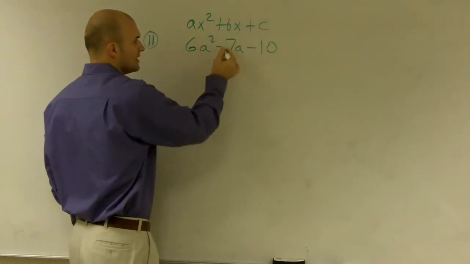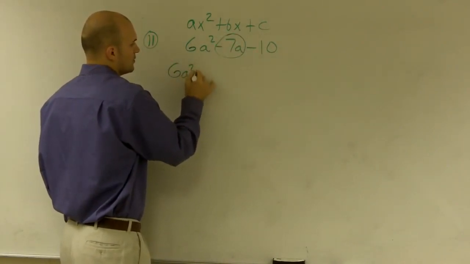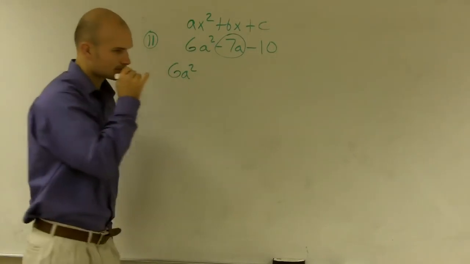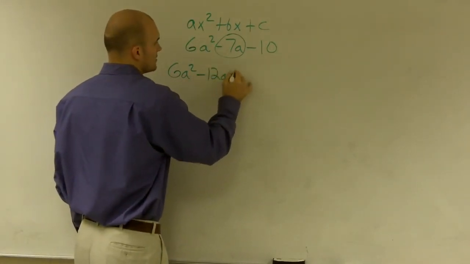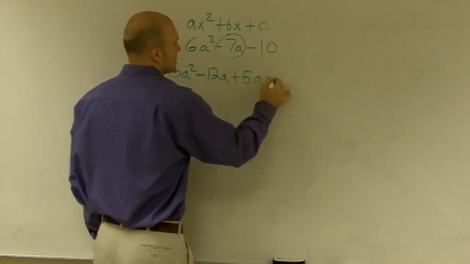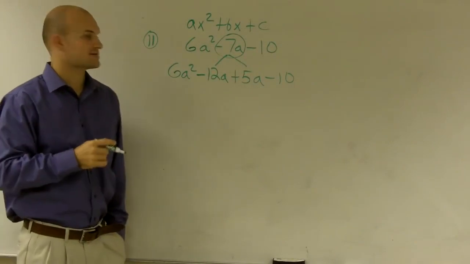One way is we can rewrite this with 12a plus 5a minus 10. So instead of writing a negative 7a, we could write it like this.